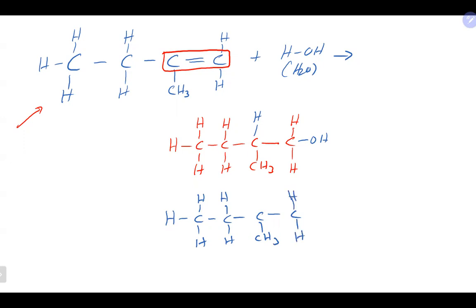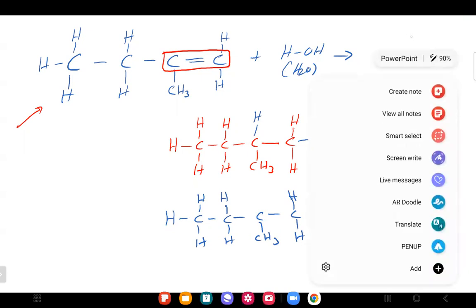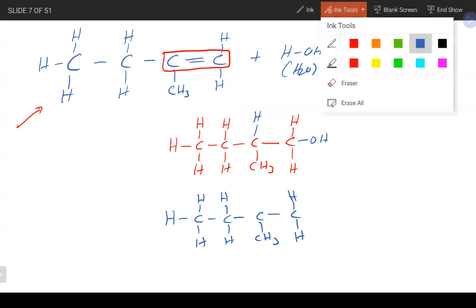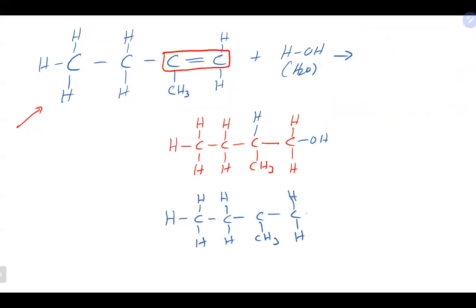And I'll draw those guys in red, maybe doing the opposite here. We could put the H here and the OH here. So this gives us two options as to how we could place these, because it's unsymmetrical. There actually is a rule as to how you should do it.